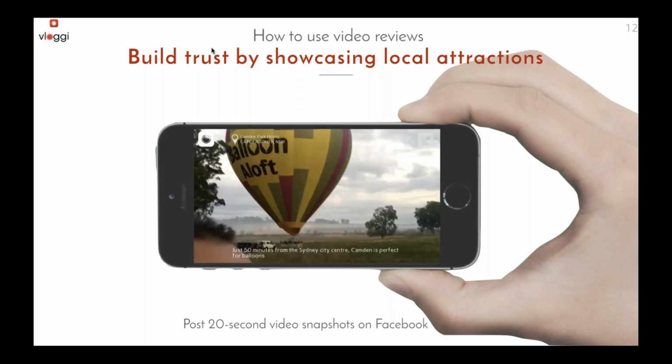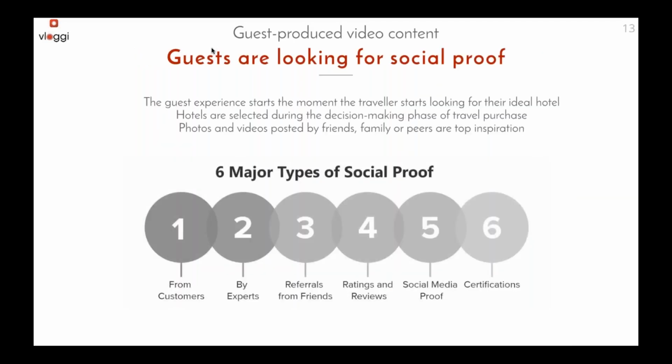Just to recap, guest-produced video content is really, really powerful. Guests are looking for social proof. And we all know that the guest experience starts the moment we start looking for first destinations and then a place to stay. Where would be the ideal hotel to stay?